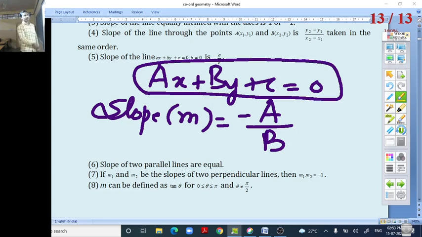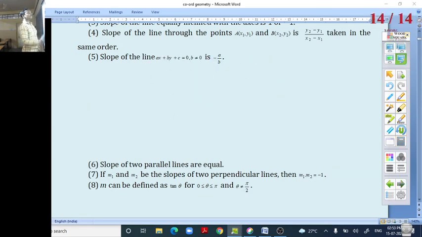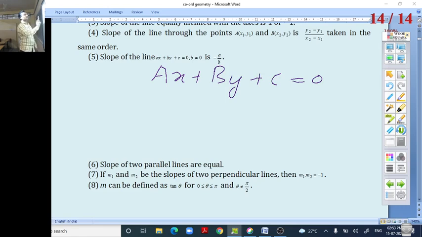Remember this point. Next, if a line ax plus by plus c equals 0 is given, then the x-intercept of the line is always minus c by a, and the y-intercept is minus c by b.